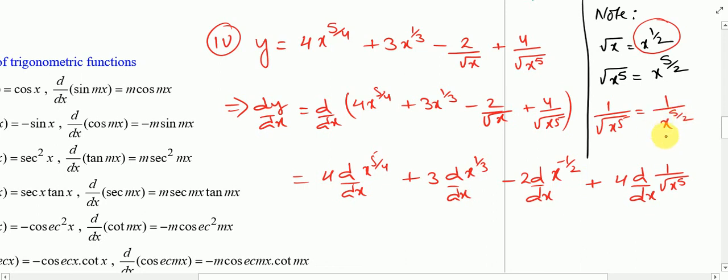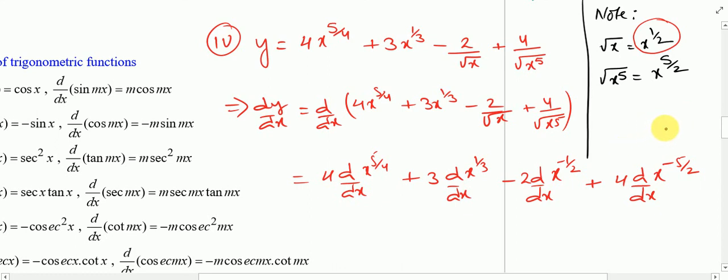Now I don't want this in the denominator, so how I can write? I can write like this, x to the power minus 5 by 2. Yes, so instead of writing 1 upon root x, to the power 5, straight we can write x to the power this. Yes, so this much is done.